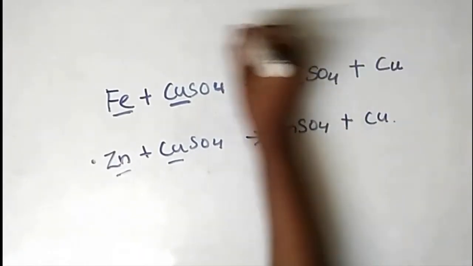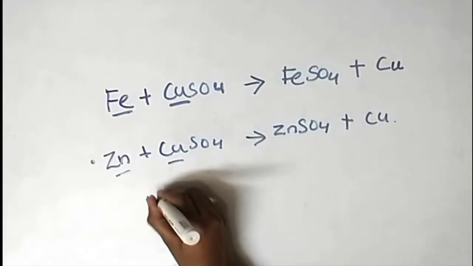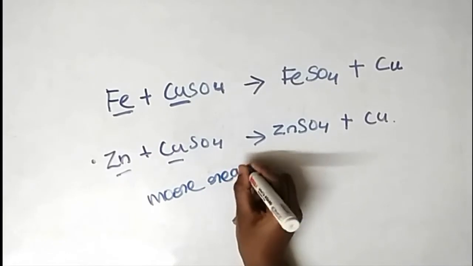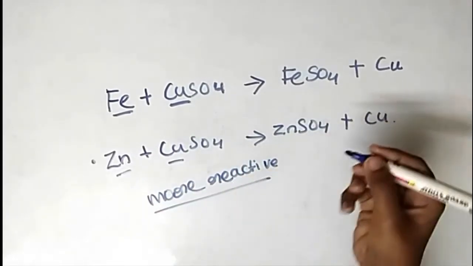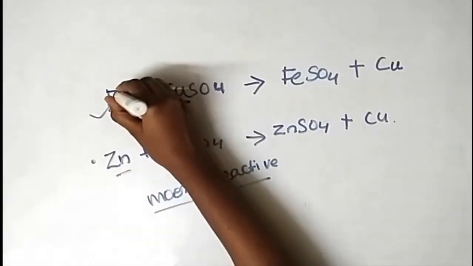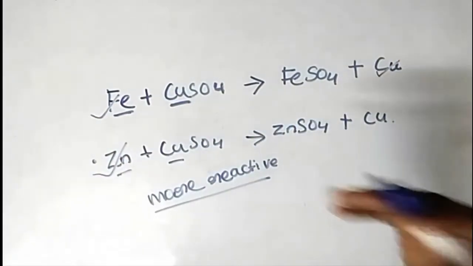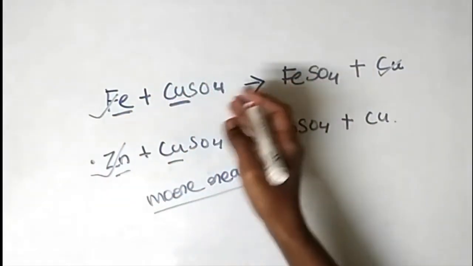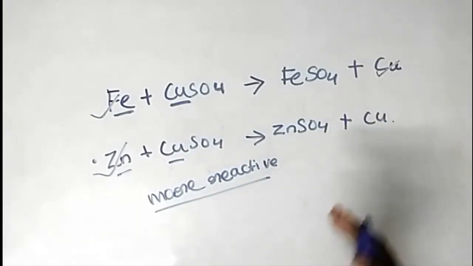The basic principle is that the more reactive element displaces the less reactive element. Here, iron and zinc are more reactive than copper. That's why they displace the copper from the copper sulfate solution, and this is what the displacement reaction is.